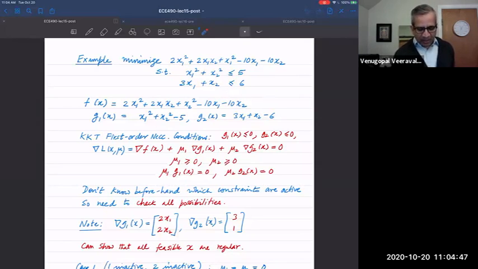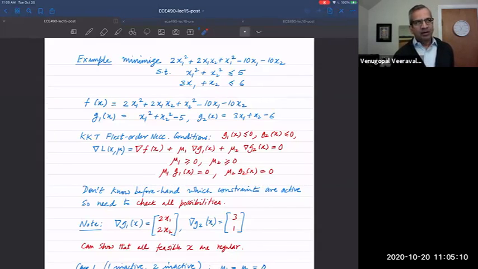So, which means that only one of these constraints is active, and it turns out that the second one is the one that's constraining. It doesn't matter which one is constraining, but only one of these vectors will appear anyway.